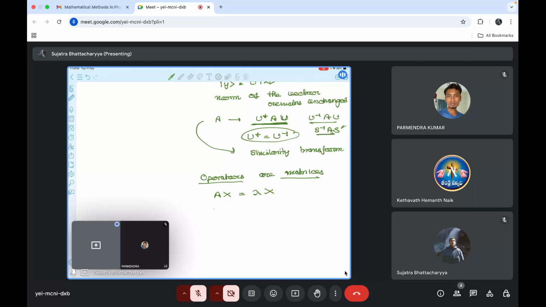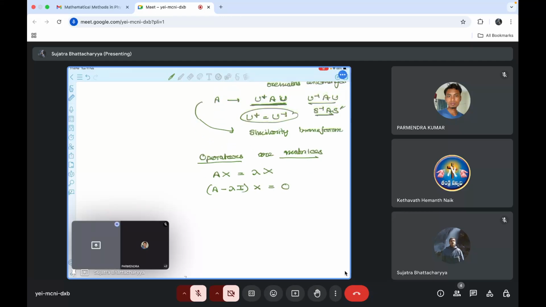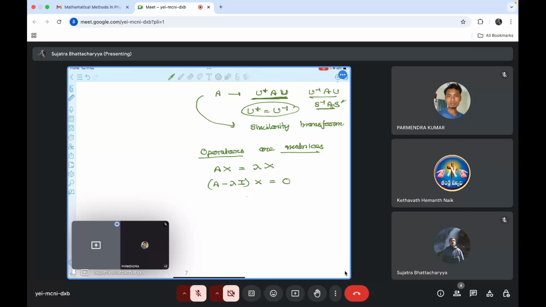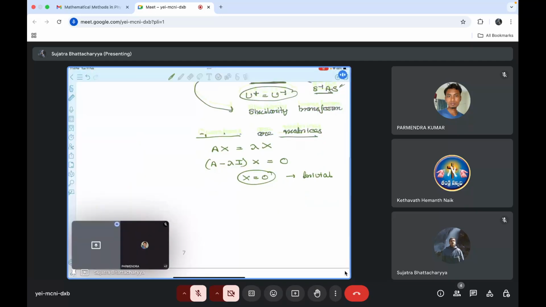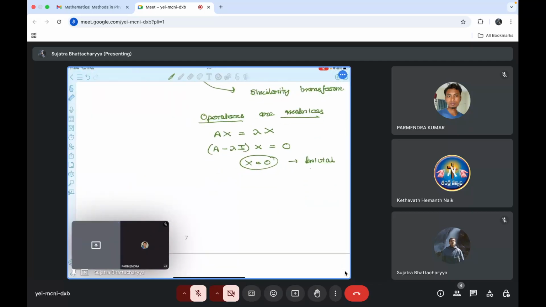Now, to solve it, we take this and bring X to the left, which is equal to 0. Okay. So X = 0 is always a trivial solution. It's a homogeneous kind of equation where the right hand side is 0, and this trivial solution can always exist.